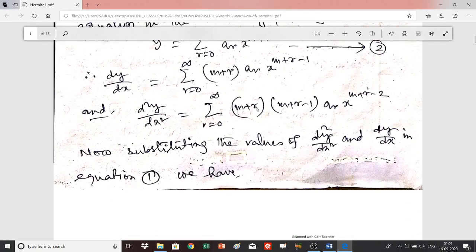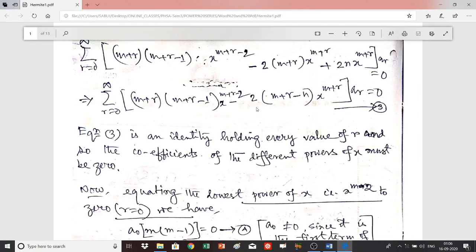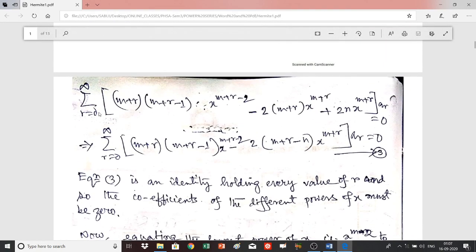So we will see that the sum from r equals 0 to infinity, the first term is (m plus r) into (m plus r minus 1) x to the power m plus r minus 2, since it was the d2y/dx2 term. Then minus 2x was there, so minus 2 into (m plus r) x to the power m plus r minus 1 plus 1, which gives minus 2 (m plus r) x to the power m plus r.